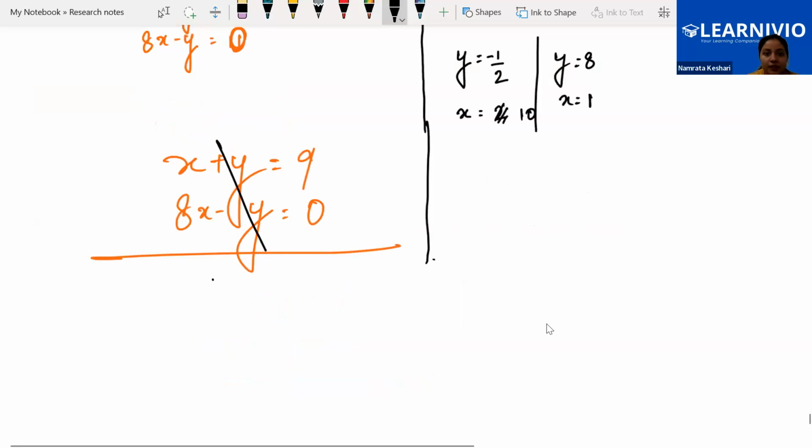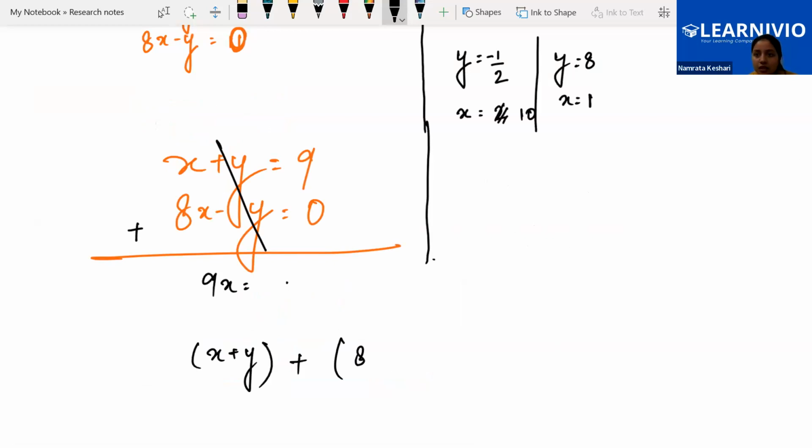The y terms are gone. See, plus and minus is there. If we add these two equations, then only it will cancel out.